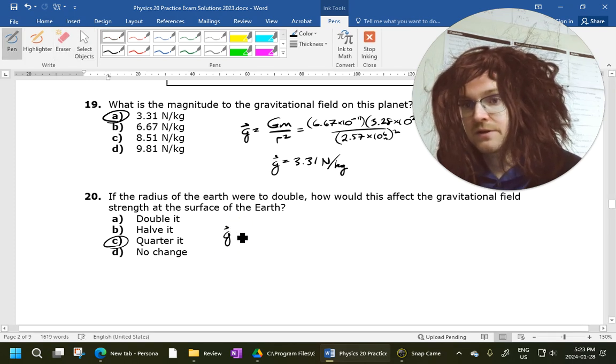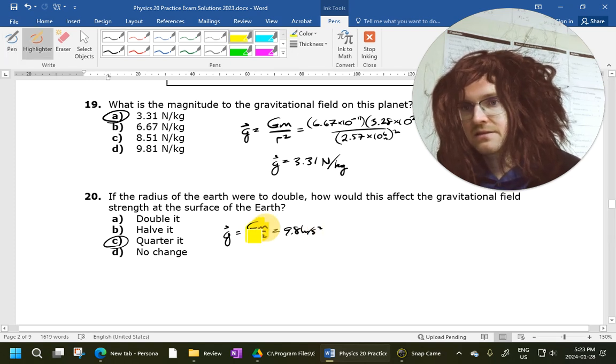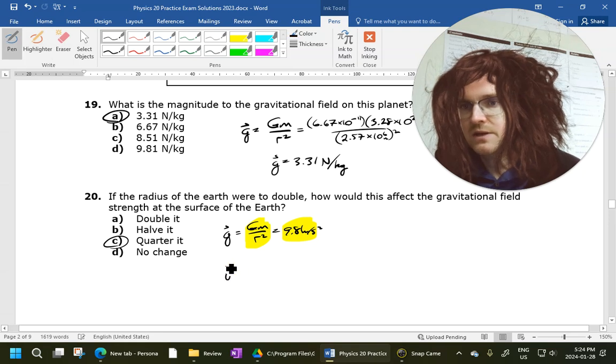So my old number, which is calculated by going GM over R squared, remember that's just 9.81. So if I ever see this, that's my old number, it's 9.81. So my new number: we're going to take my mass, take my radius, and double it. So that's going to turn into GM over (2R) squared, which is GM over 4R squared.